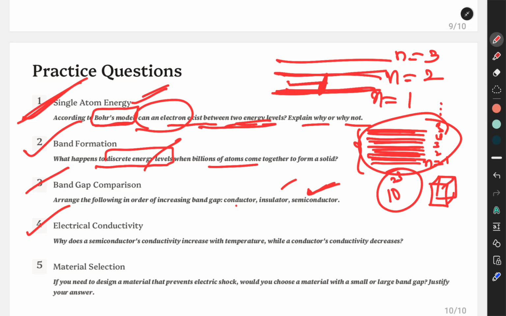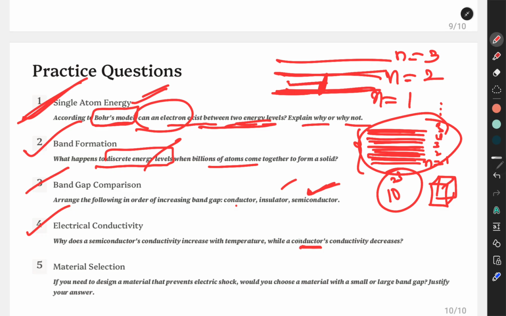Why? See here, in semiconductors, as the temperature is rising, the electrons gain enough energy to jump beyond the band gap and they start conducting. Okay, this is understandable. Now what about conductors?